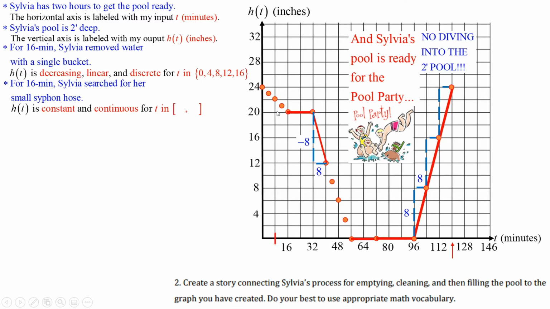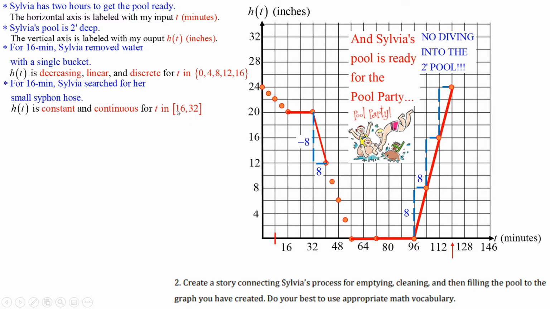Now, because I'm continuous, I can't use the set notation. I've got to use interval notation. So this t value is at 16 minutes. And then we go continuously until we get to, and that was what? 32 minutes. So here's my notation. T is in the closed interval from 16 to 32 minutes.